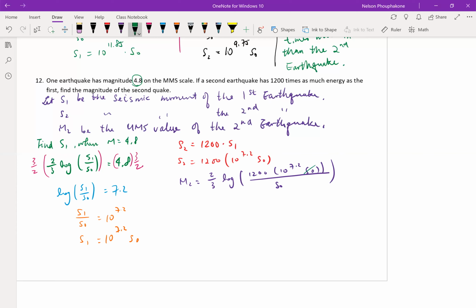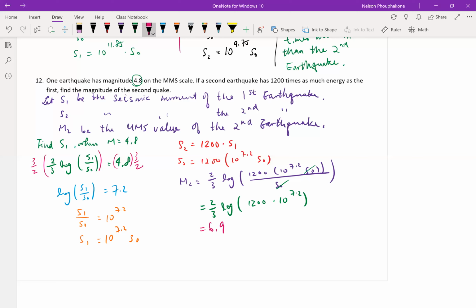And again, you will see that S naught cancels out. So then I will have 2 over 3 common log of 1,200 times 10 to the power of 7.2. Okay, then your calculator tells you that this is about 6.9.